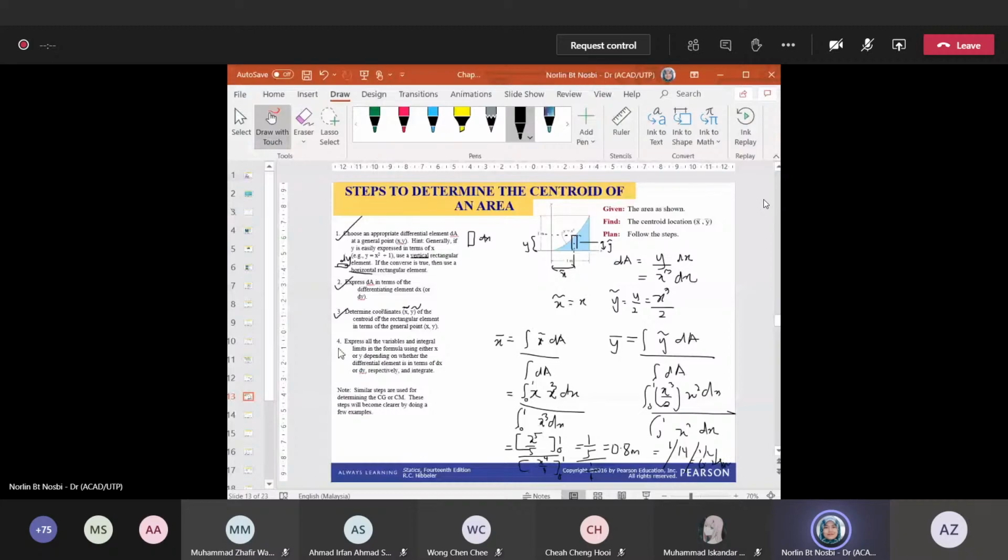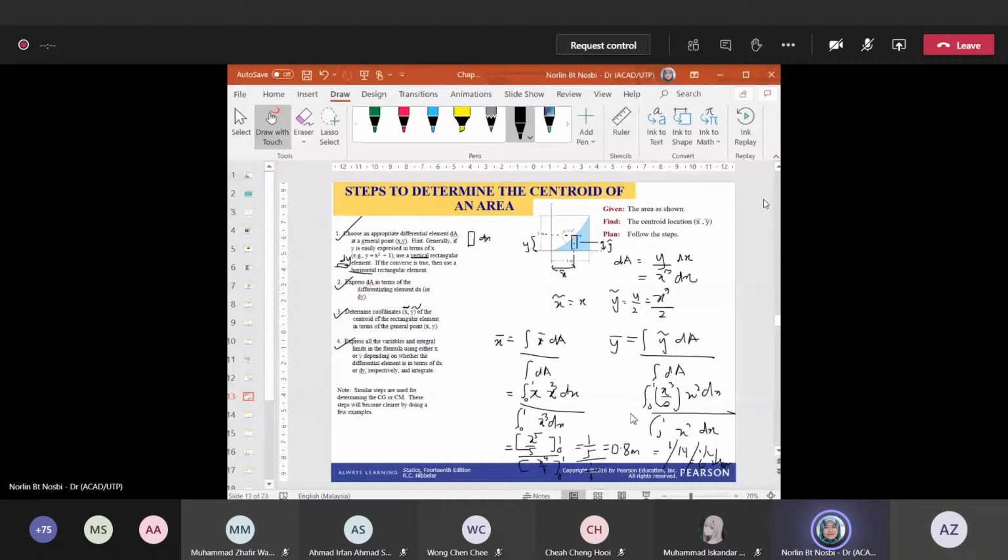So now you know the exact location of the centroid. It would be 0.8 and 0.28, not beyond 1 meter. So now you know the location of the centroid point. I've shared with you the step-by-step solution on the next slide.